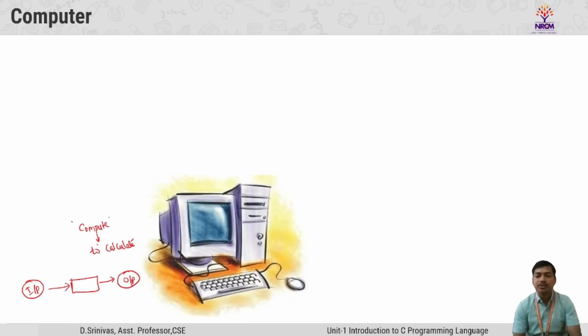So this computer is nothing but one kind of electronic device which takes the data as input from the input devices, processes it, and generates the desirable output at high speed in the form of information.